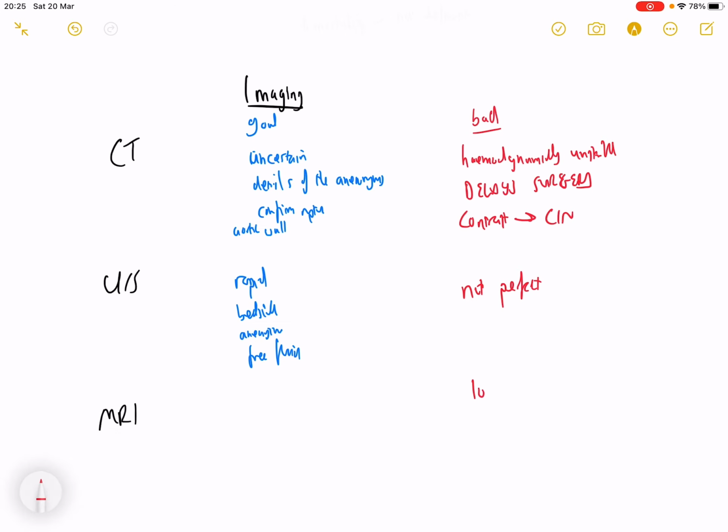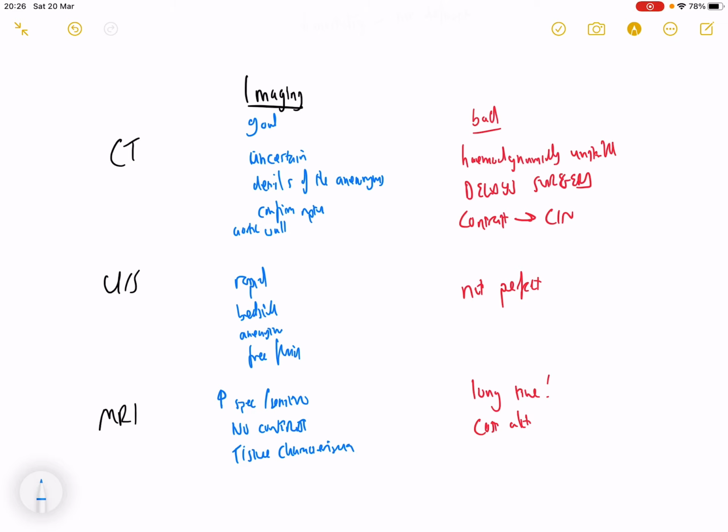Now the disadvantage is that this takes a long time. It costs a lot. But it is highly specific and sensitive. You don't give any contrast, and you can get tissue characterization.